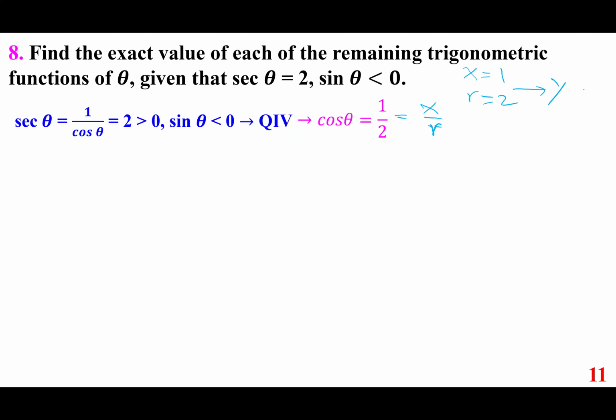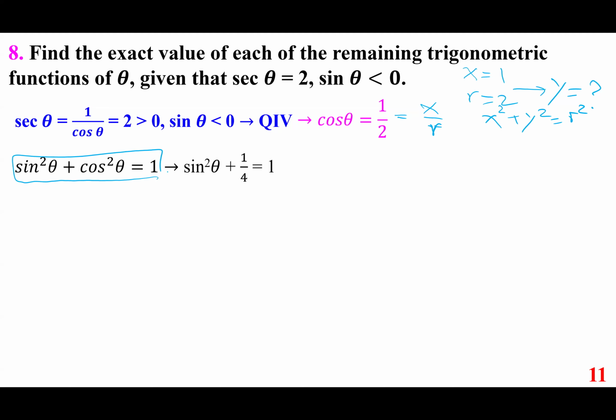You can find y using x squared plus y squared equals r squared, and follow the same methodology as before. Today, for this one, I want to use sine squared plus cosine squared equals 1, one of those Pythagorean identities.